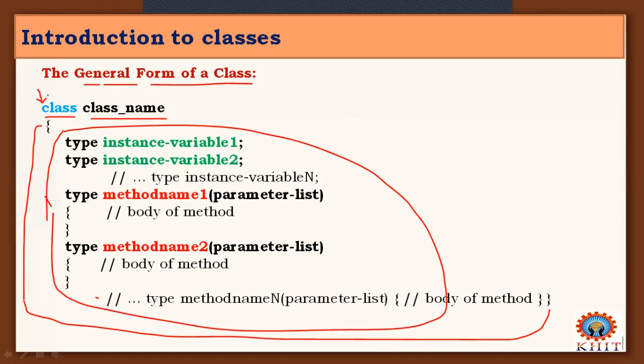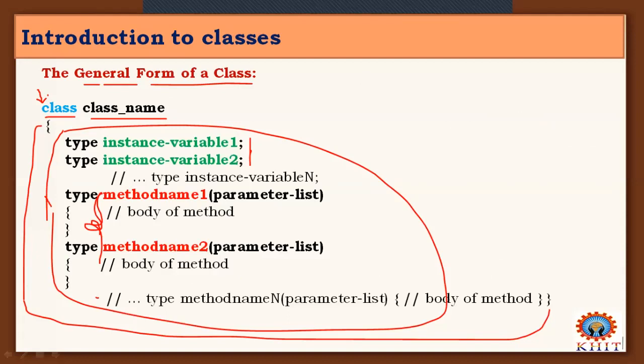These members are of two types: member variables and member methods. In this class, we can create these two types of members.